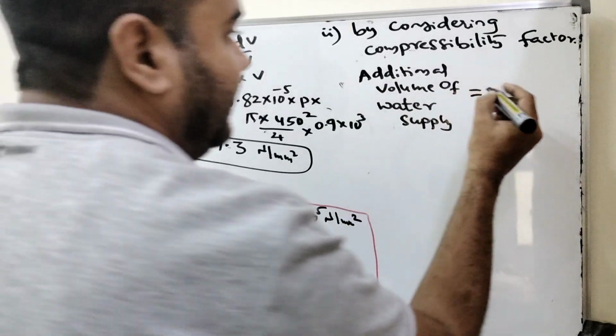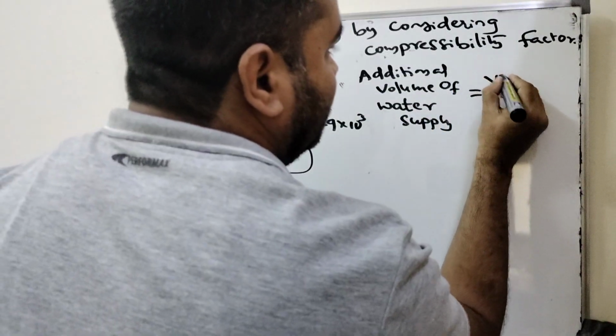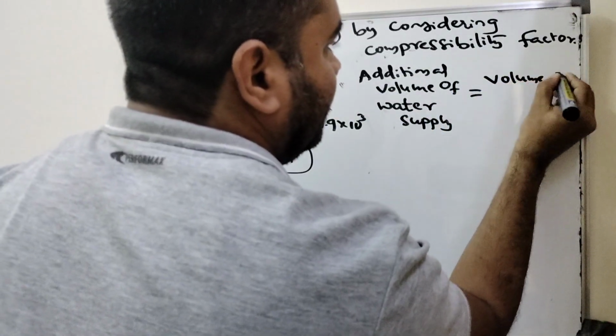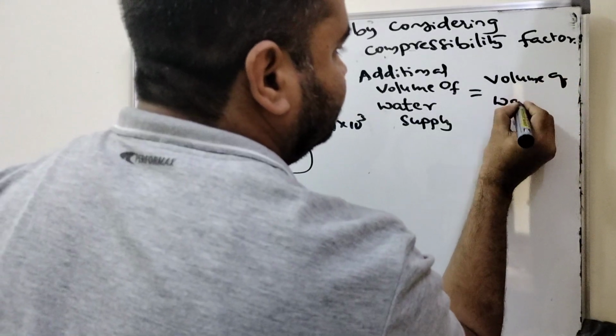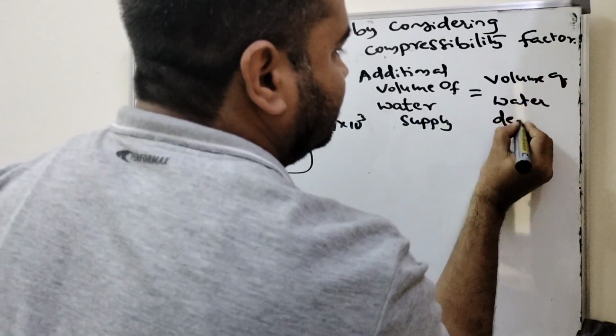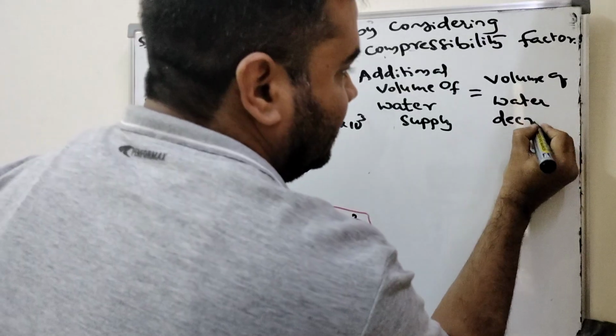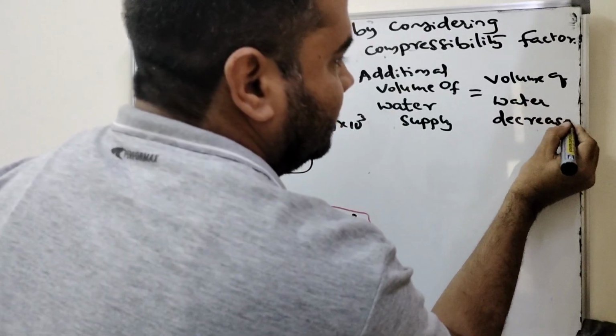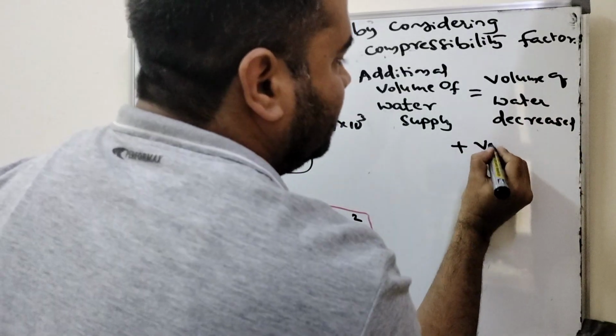Okay, so I will write here the sum of volume of water decreased because of compressibility, plus volume of cylinder increased.